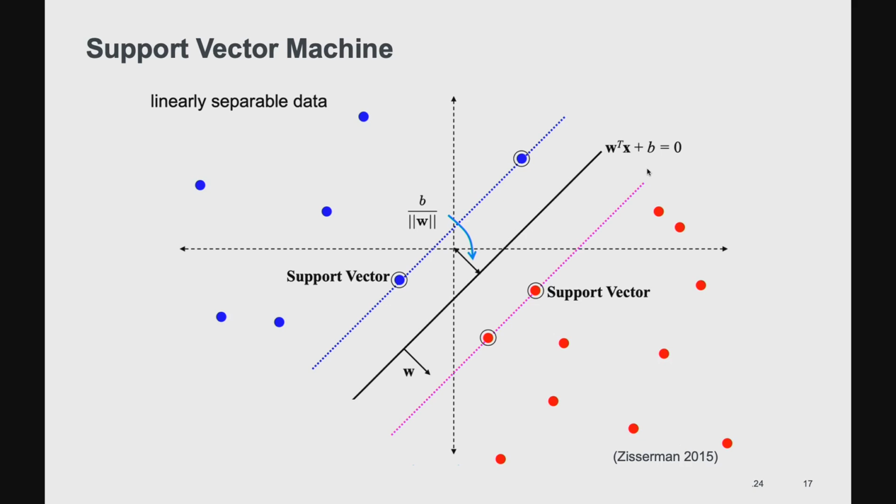So where our model doesn't say that's positive or negative. When we now look at this distance, actually the exact distance of this line here is b divided by the length of w. So if the length of w is exactly 1, then of course this is exactly b.